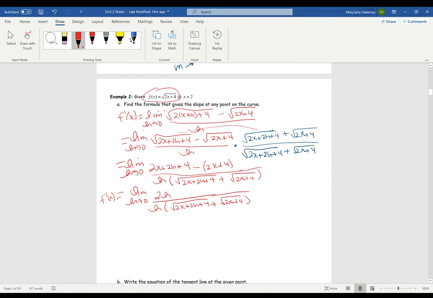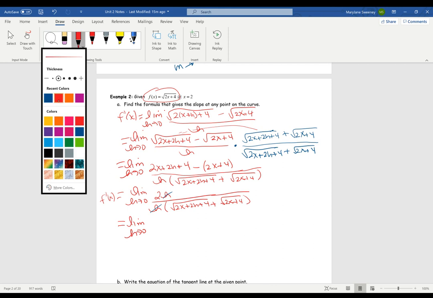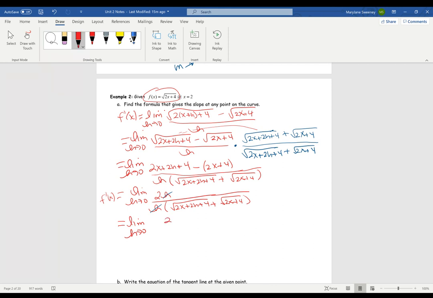And we always wanted to get to the point where we could cancel. And that's exactly where we're at. We can cancel these h's. And then I'm going to have 2 on the top and square root of 2x plus 2h plus 4 plus square root of 2x plus 4 on the bottom.